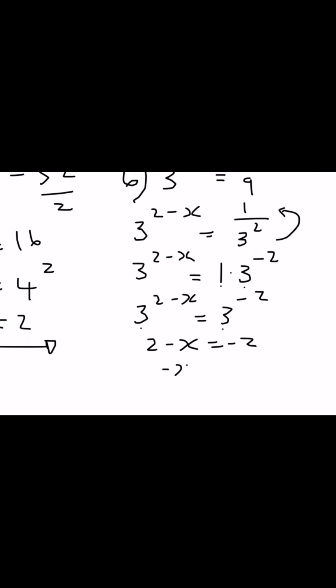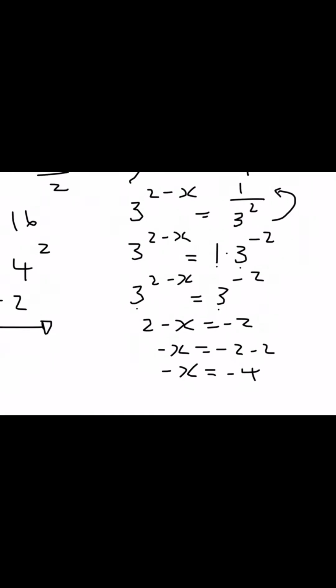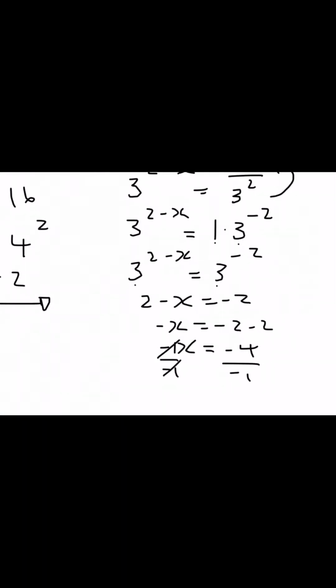So you can take that 2 to the other side if you want to take a long drive. And then you end up having negative x equals negative 4. Just be aware that you have an invisible 1 there that you will need to remove. That is why you divide both sides by that negative 1, where you will say your letter is equal to, that cancels, it goes 4 times into 4.